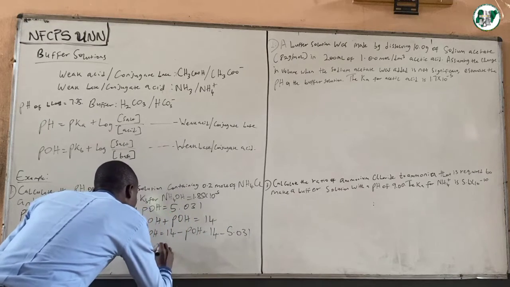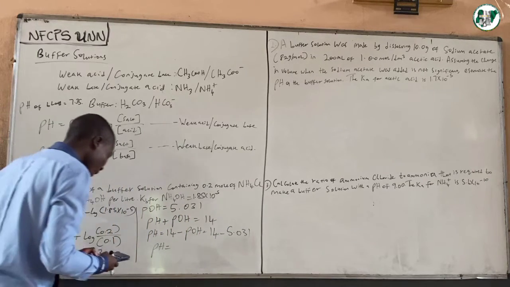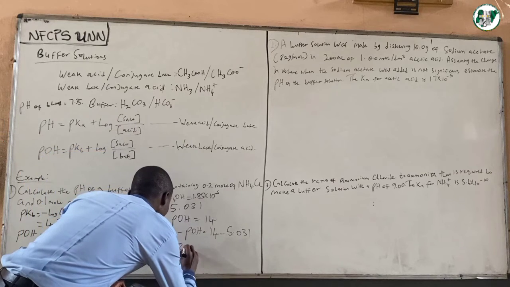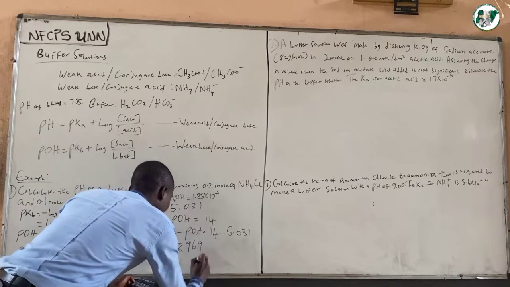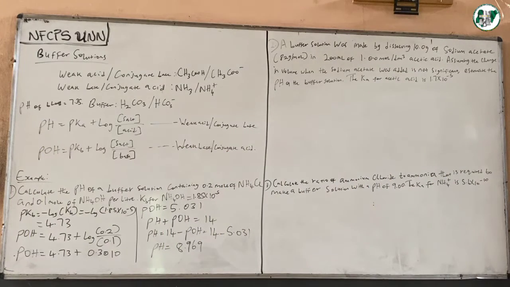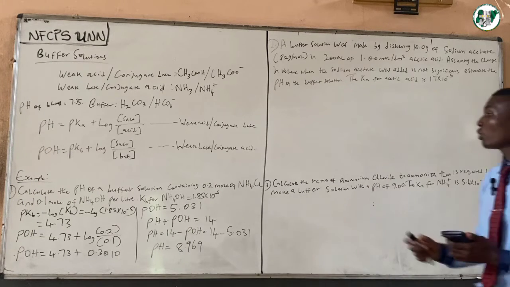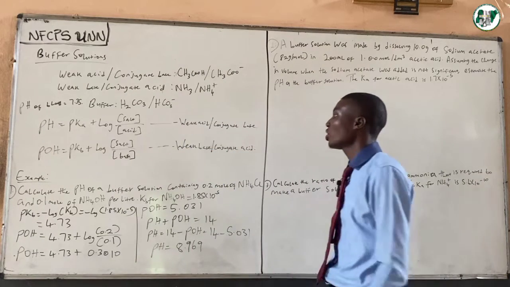So the pH for this particular buffer solution is then going to be 8.969. So 8.969 is the pH of this buffer solution which we just calculated. And that is how you work around calculation of the pH of a buffer solution using the Henderson-Hasselbalch equation.